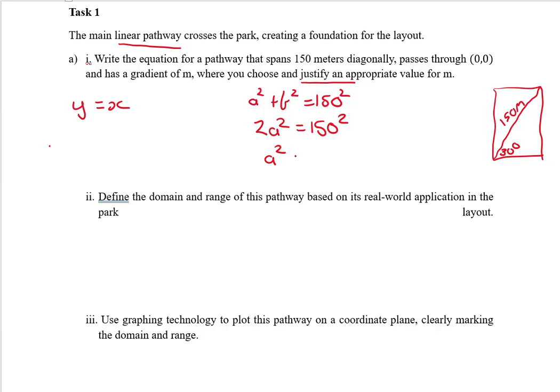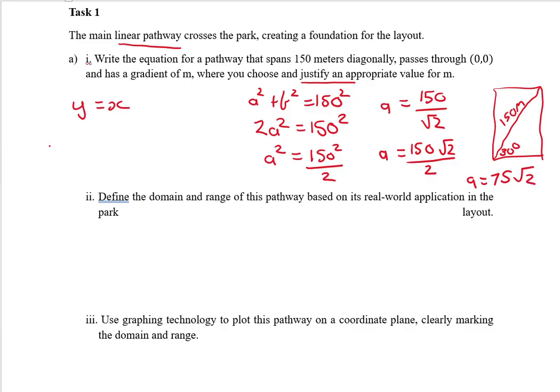Then I can simplify this down. I'll divide everything by 2, and I've got 150 squared over 2, and then I will square root. That gives me 150 over square root 2. I can go one step further and rationalize this by multiplying both by square root 2, and that will then give me 150 square root 2 over 2, which gives me a is equal to 75 square root 2.